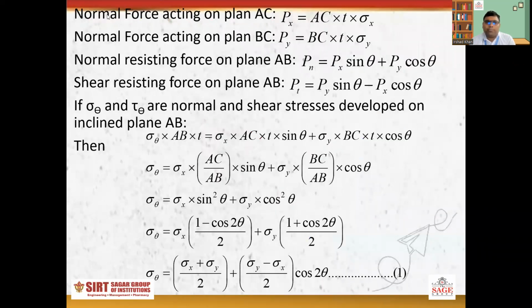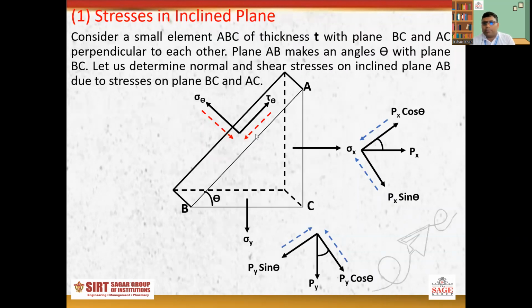So here you can see the normal force acting on plane AC and the normal force acting on plane BC. This one is the AC plane. We can write sigma x into the cross section, that is AC, into the thickness T. This will become the force acting on this plane, Px.